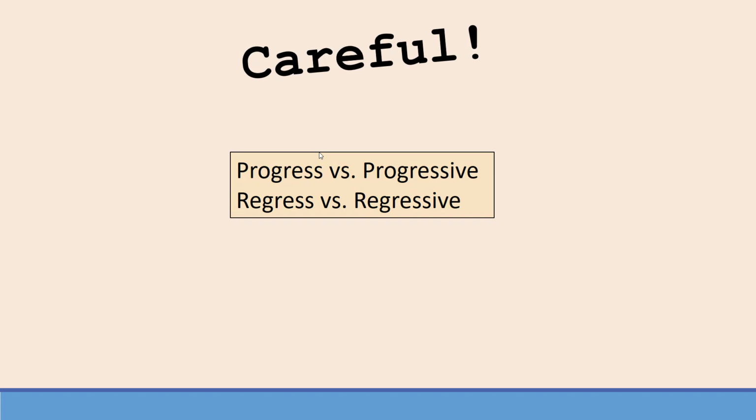All right, just real quick, noting these terms, progress versus progressive. The latter term, progressive, is generally used as an adjective to mean on behalf of the poor. So a progressive law or measure is one that helps the poor.